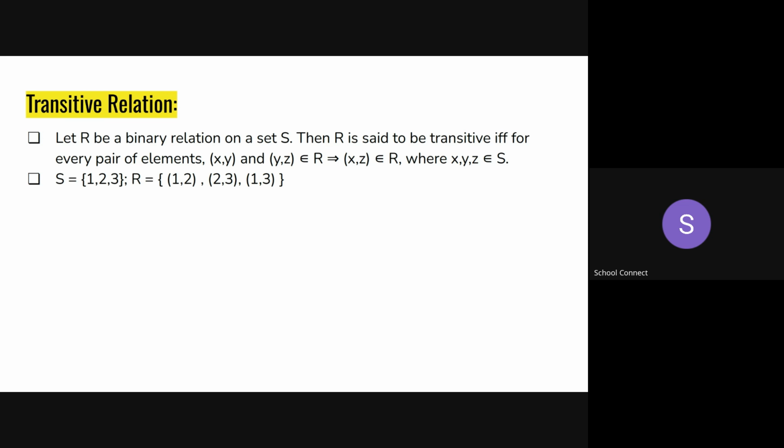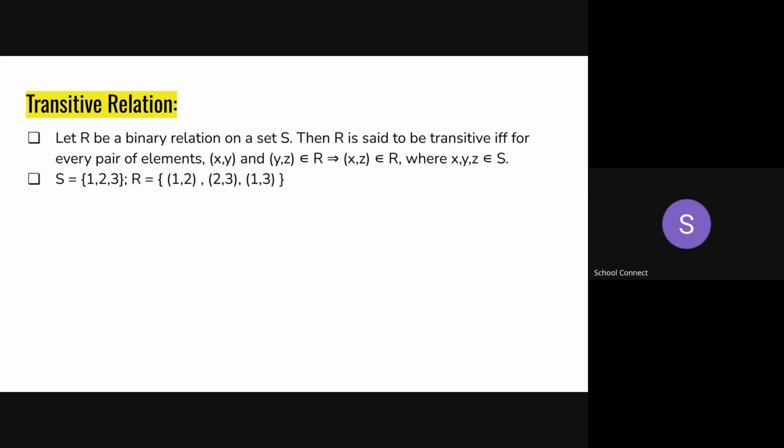If you find a pair like this, then check for the third element which is of the form (x, z). If that is there, then your relation is transitive. If that is not there, your relation is not transitive. If it fails for one pair, then it will not be transitive. What does that mean? If you find (x, y) and (y, z), but you are unable to find (x, z), then it will not be transitive.